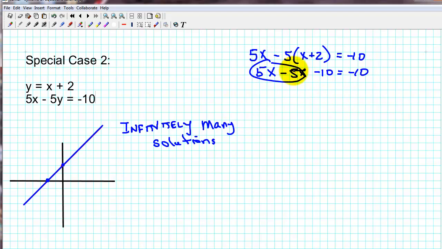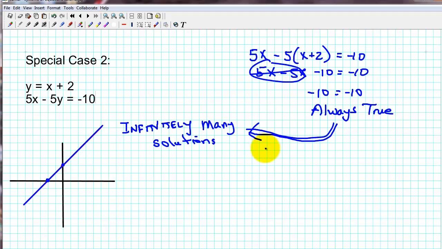Combine like terms here, those cancel out, and we end up with negative 10 equals negative 10. So again, all my x's disappeared, but in this case we end up with something that is always true. No matter what value of x we put back up here, this equation would always be true. That's our signature for the special case of infinite solutions.